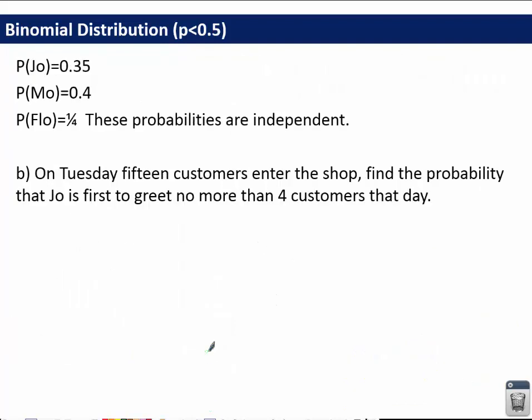Okay, question B. On Tuesday, 15 customers enter the shop. Find the probability that Joe is first to greet no more than 4 customers that day. It's very key information that no more than 4 customers, so I'm going to underline it. Then, we'll acknowledge what we need to know for this question. First of all, n equals 15.